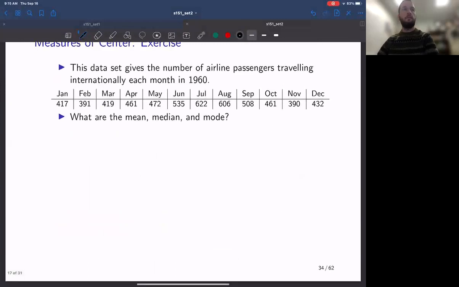Okay, so let's use the last 5 minutes here to work through an illustration of all 3 of these measures of center at the same time. Okay, our data set here actually has 2 variables associated with it. So our first variable is the month.